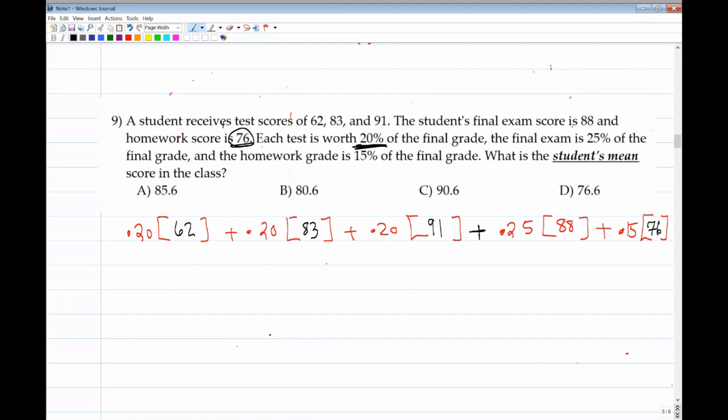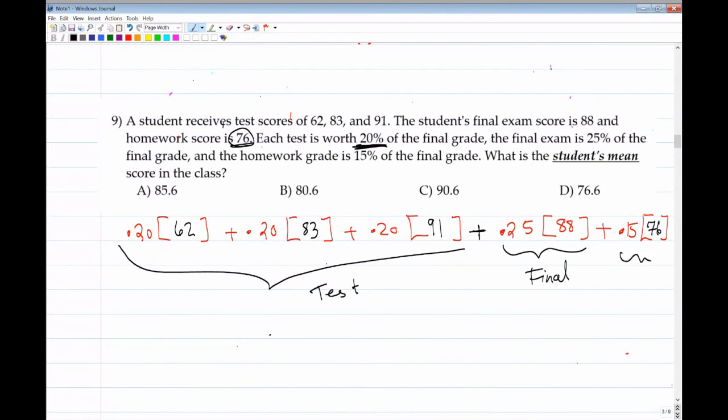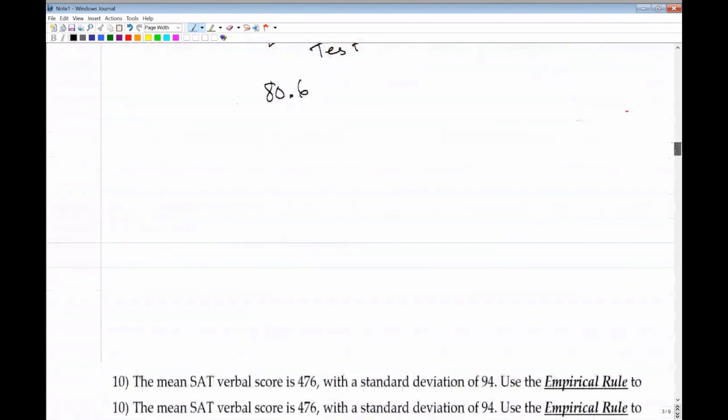If you use a calculator to multiply, remember those came from the tests, this came from the final, and that's from homework. If you add all this up, it will be 80.6. You multiply each one, and then you add them all up when you're done.